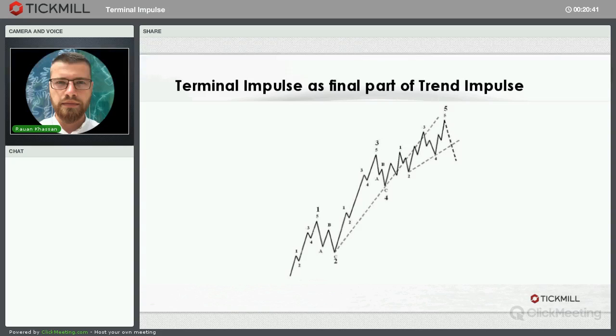As you may see in the given example, the signal line is crossed only after the first part of terminal impulse is developed. So at first it may bring you to the wrong assumption that the trend impulse structure is completed at the point of the first part of terminal impulse, and you may quit a long position or open a short one, experiencing a bigger correction move.